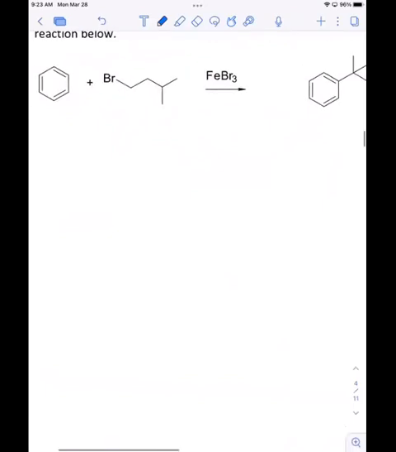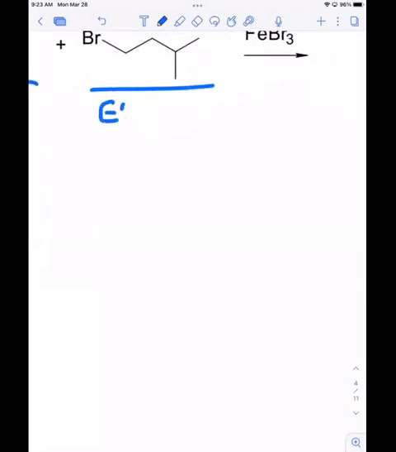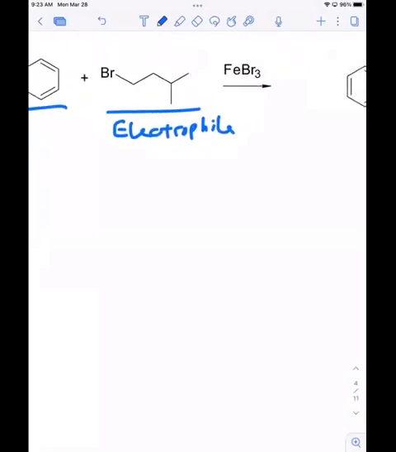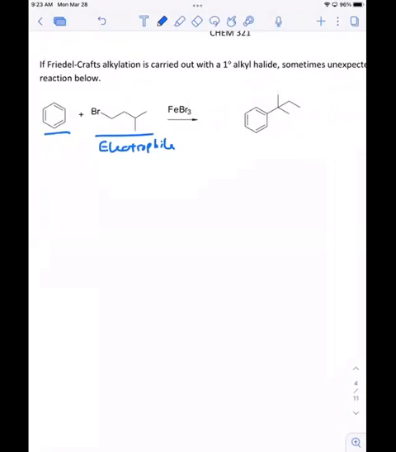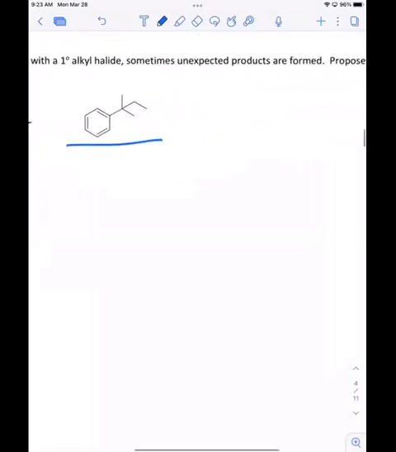So let's look at it. Let's take this, and this is my ring here, obviously. So this has to be my electrophile. Right. And if you look at the product, the expected product would be this, but we don't see it.